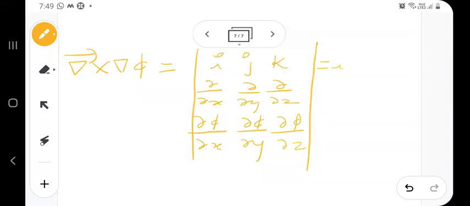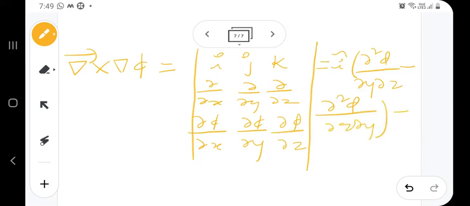That gives i cap into, neglecting the i column and row, dou by dou y of dou phi by dou z, which is dou square phi by dou y dou z, minus dou by dou z of dou phi by dou y, which is dou square phi by dou z dou y.